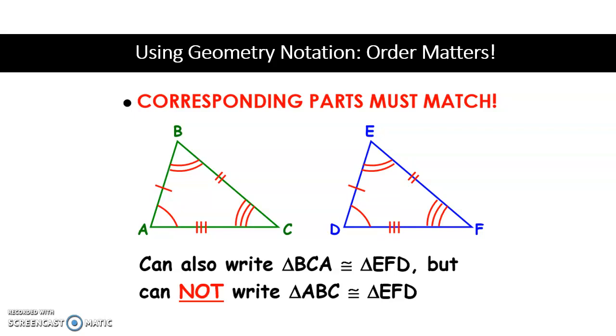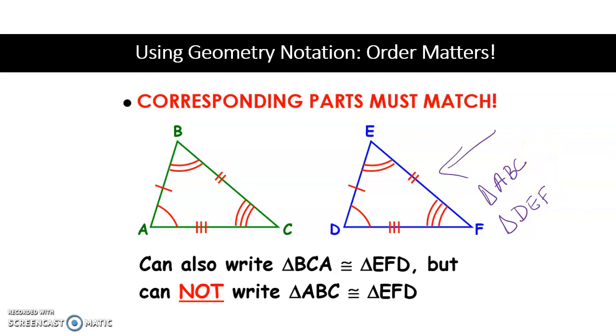I like to imagine that I could cut out this second blue triangle and sit it directly on top of the green triangle. If I did that, then angle A would match up with angle D, angle B would match up with angle E, and angle C would match up with angle F. Therefore, triangle ABC is congruent to triangle DEF.